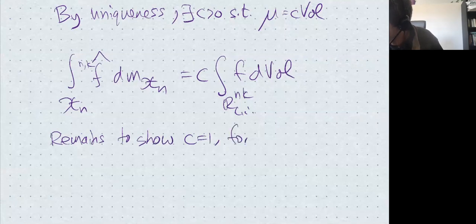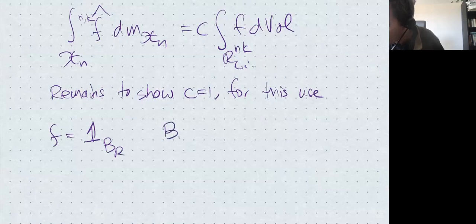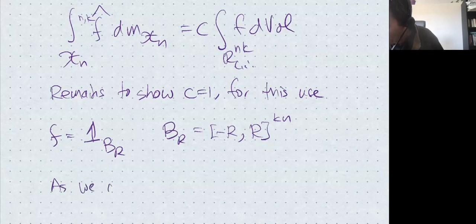For this, use the function f, which is the indicator of BR, where BR is a box, minus R to the R, to the K times N. And we did this as we did for K equals 1.